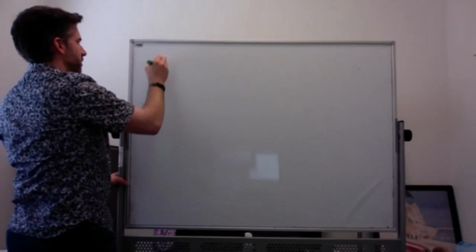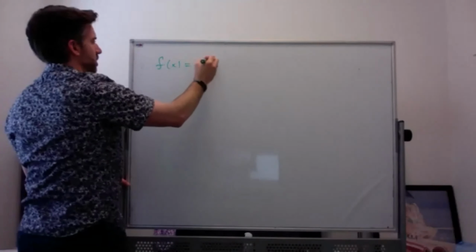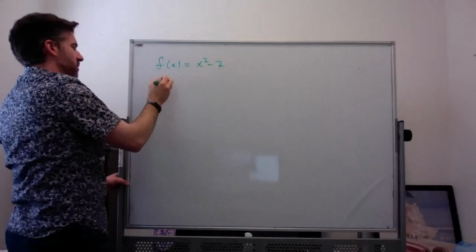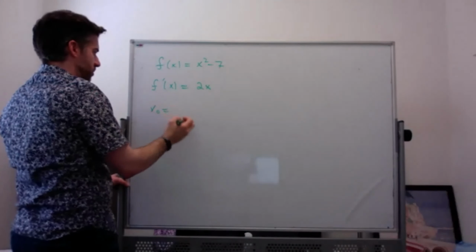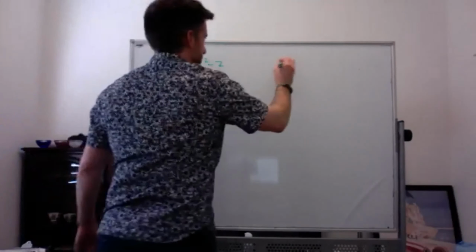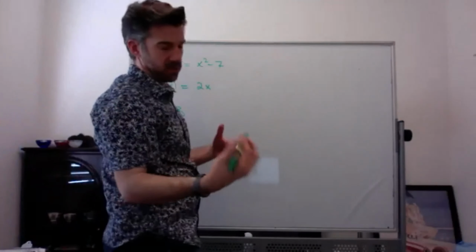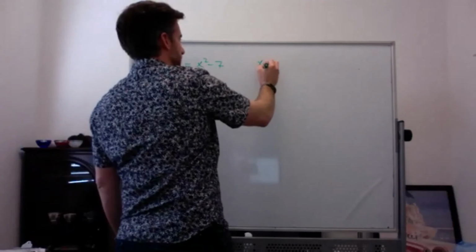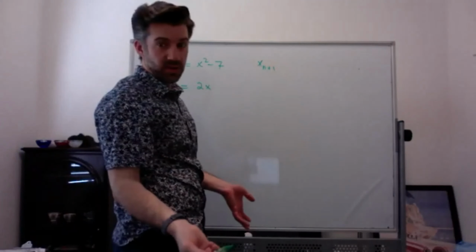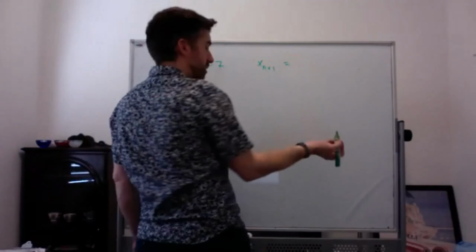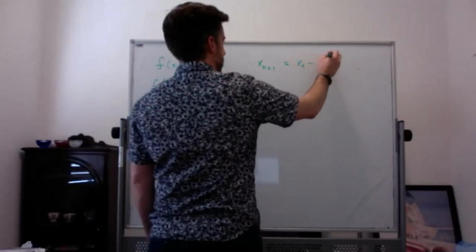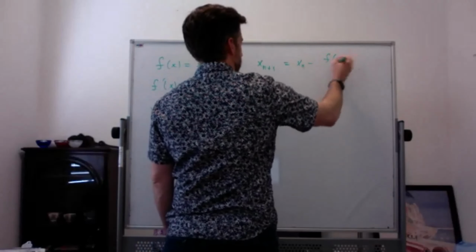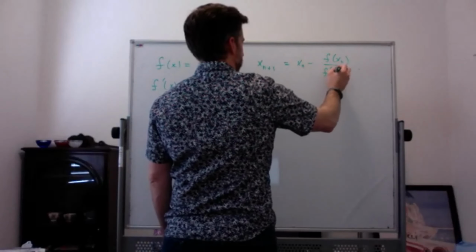So let's see here. My function was x squared minus 7. My derivative of that is 2x. My x naught was 3. And then my formula is, so the actual formula isn't x1 equals there, it's x sub n plus 1, the next value in the iterative sequence, the recursive sequence, is x sub n minus f of x sub n over f prime of x sub n.